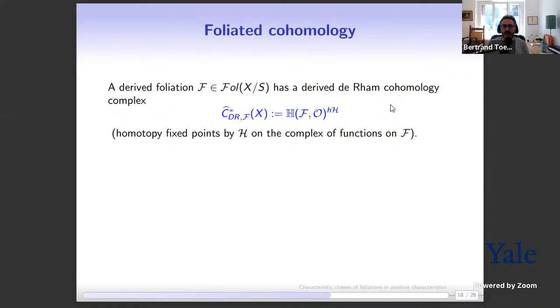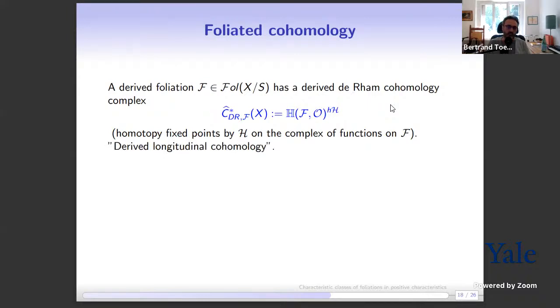This can be defined simply by taking cohomology of F, my derived scheme, which is the foliation, with coefficients in O, and I take invariants or homotopy invariants by H. That's the standard definition. And there is a little hat, in the sense that it's always a completed version of the de Rham cohomology along the Hodge filtration.